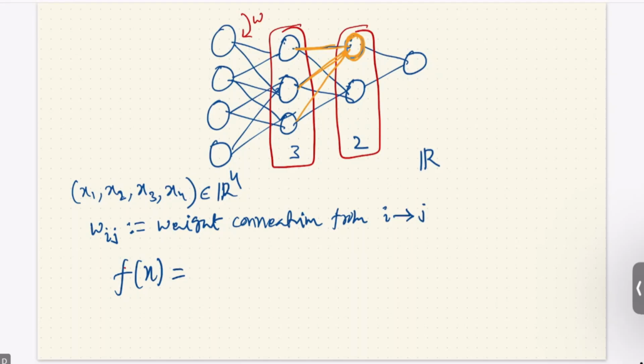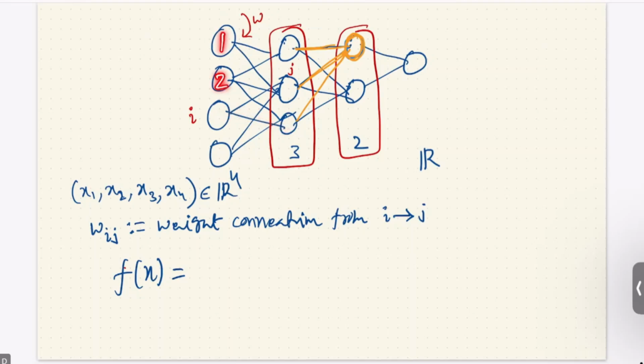That means if this is the ith node, and this is the jth node, then the weight sitting inside this edge is called wij. And this one is another wij.